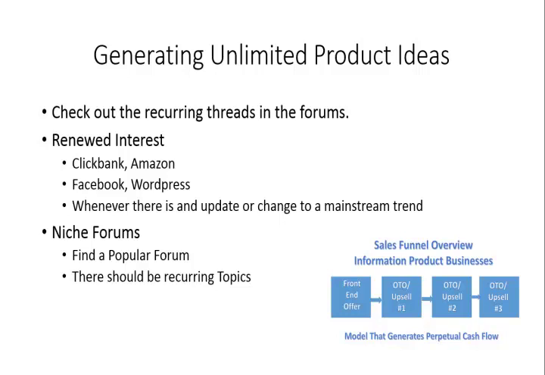Anything that indicates renewed interest. So in other words, think about broad topics within marketing or within the internet world. When you think about ClickBank or Amazon or Facebook or WordPress, anytime that there's a major change in a mainstream trend inside of internet marketing in particular, then there's going to be renewed interest. Well, what does this mean to WordPress?